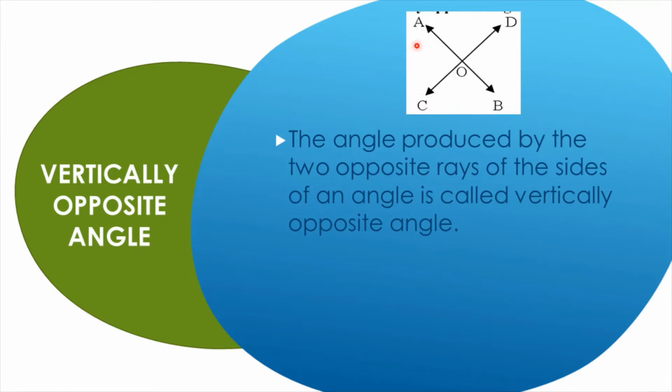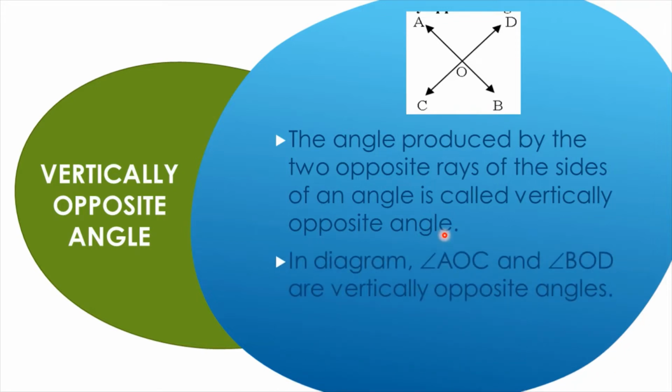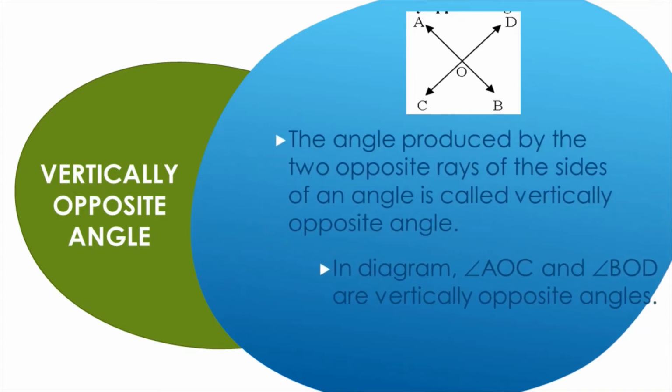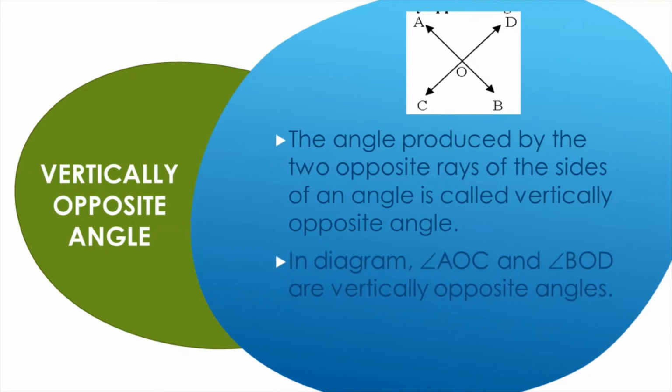In the diagram, angle AOC and angle BOD are vertically opposite angles. So this is the definition of vertically opposite angle, and this is the diagram.